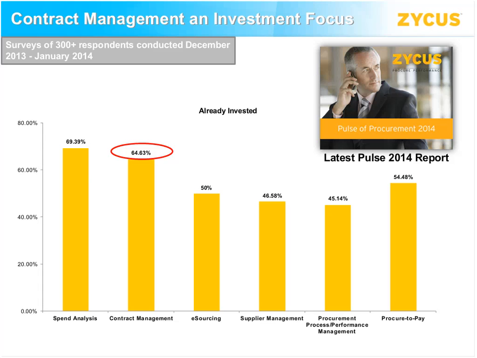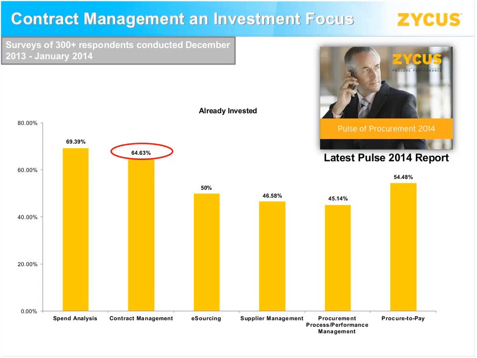So the first data point that I wanted to share with you looks across the various application spaces within source-to-pay. So things like spend analysis, e-sourcing, supplier management, procurement process or supplier performance management, as well as procure-to-pay, in addition to contract management.